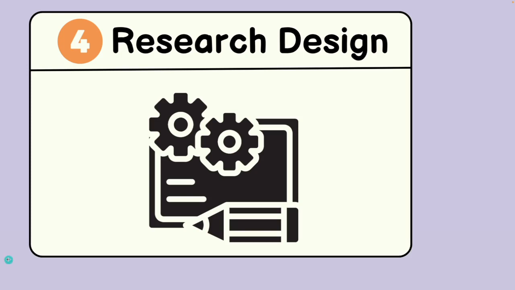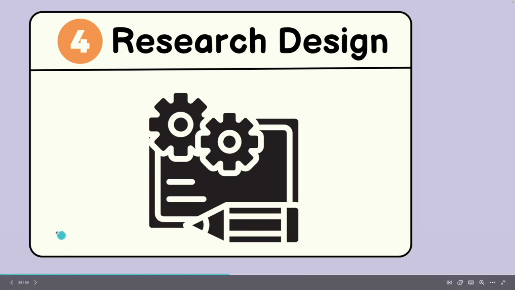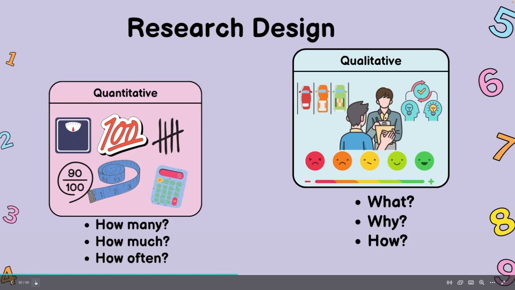So let's talk about some of the main principles of research design. Now, when it comes to the design of your research, there are some fundamental issues that must be answered.